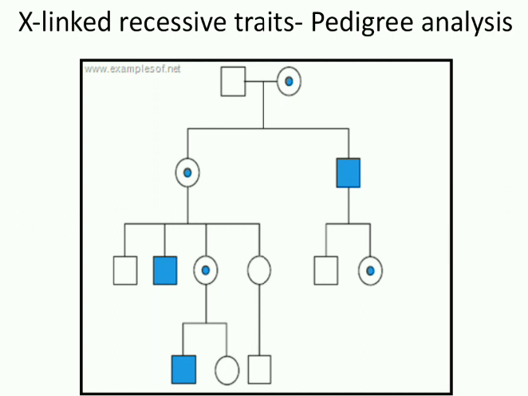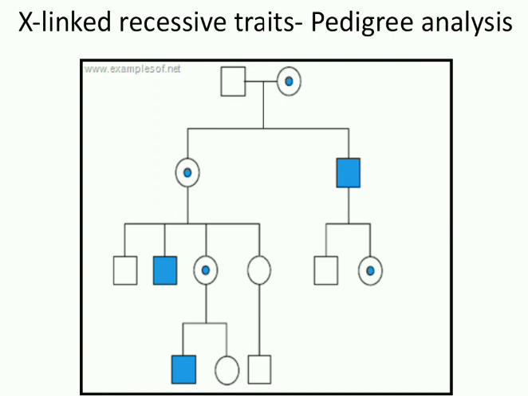And if you look at the siblings, the affected males are related to each other through a carrier female. So it's not siblings alone, you are looking at cousins, second cousins. So in a kindred, the affected males will be related to each other through a carrier female. Already you can see, in the third generation there is one male affected. In the second generation also one male is affected.